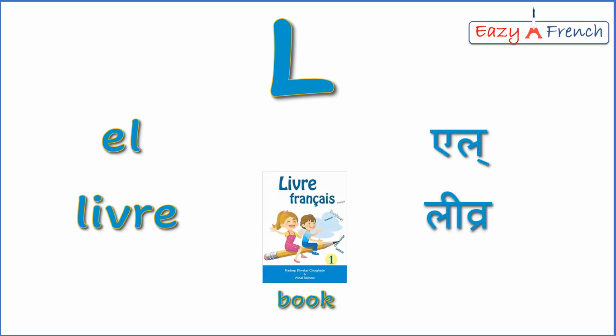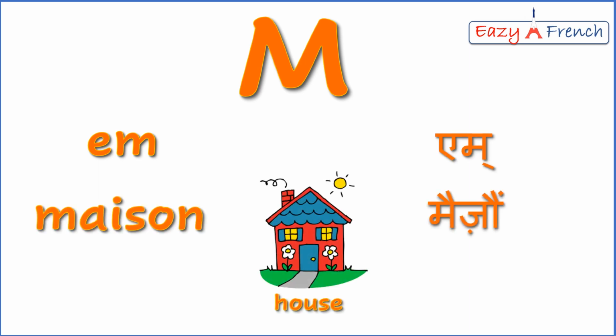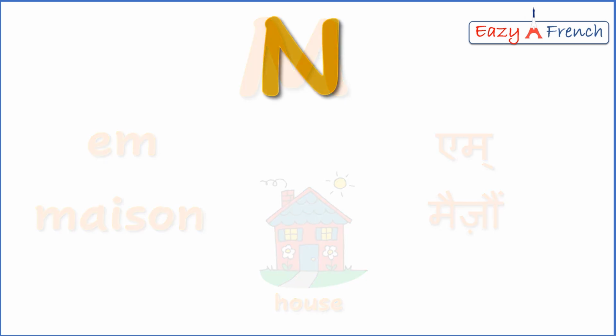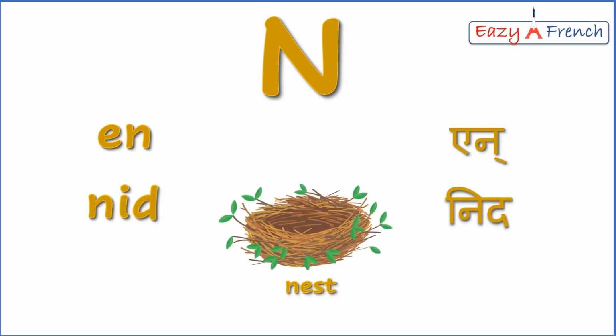L, again it is like in English L, livre, a book. M, like English it is M, maison, a house. N, that's again like in English N, nid, it's a nest.